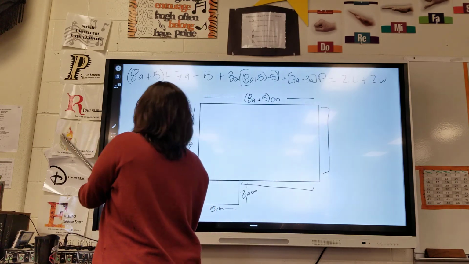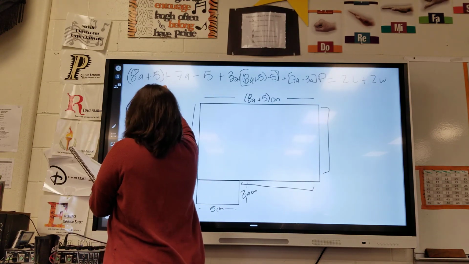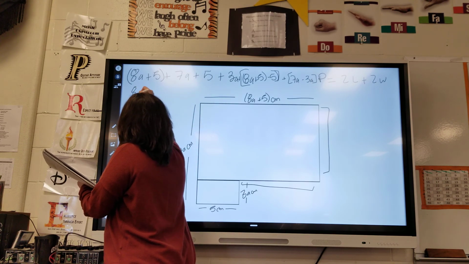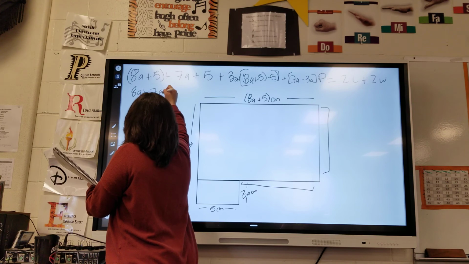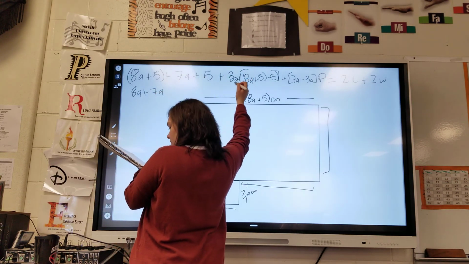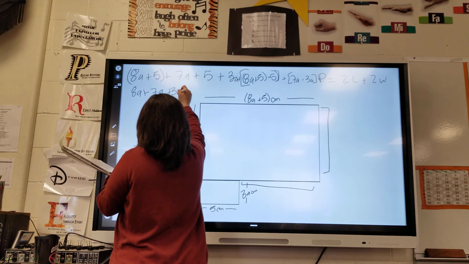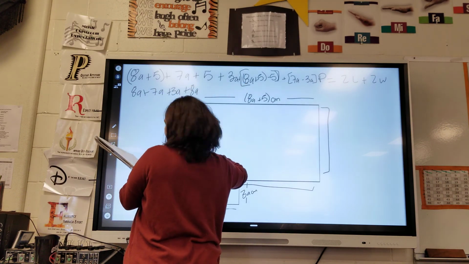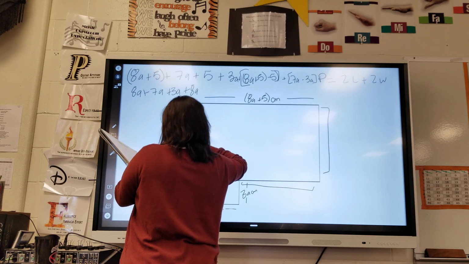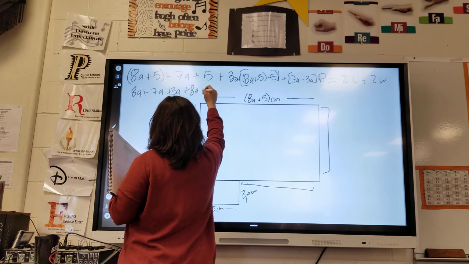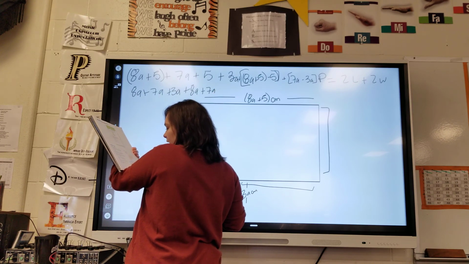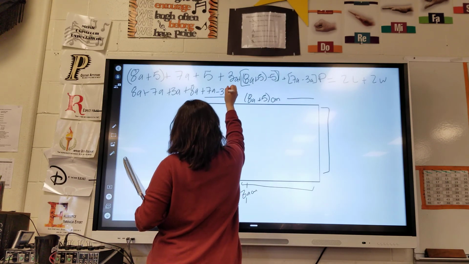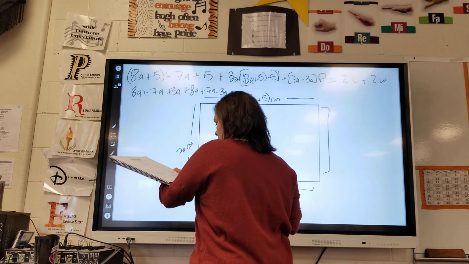So if we do this, we will get 8a plus 7a, where's another a that we have? 3a plus another 8a, because here's an 8a, plus another 7a, because we have one down there, plus, no, not plus, now we're subtracting 3a, so there's all my a's together, all right?